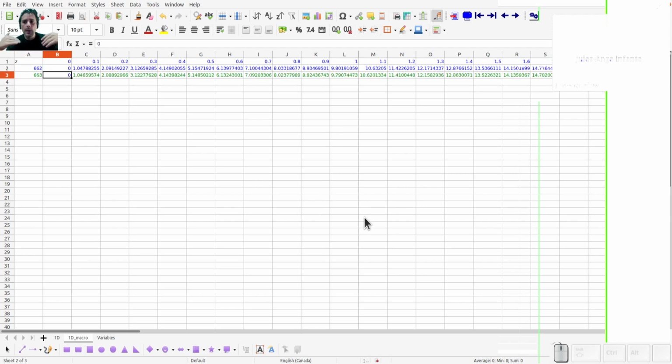So all that macro does is copy, paste. I tell it where to copy from and where to paste to, and that's what it basically is doing at this stage. Okay, so we'll let it finish its computation, and we should get the same numbers that we did previously.